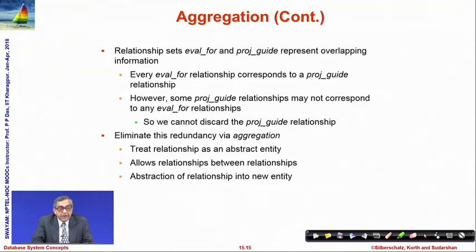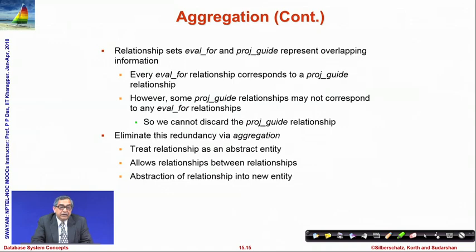What we do is we treat the first relationship, the project guide relationship, as if it is an abstract entity, and then you allow a relationship between 2 relationships. This is something we did not do before. Relationship so far has always been between entity sets.